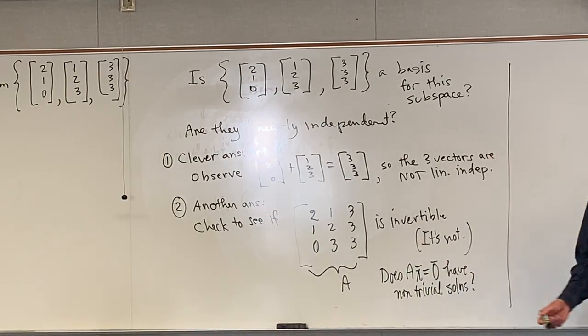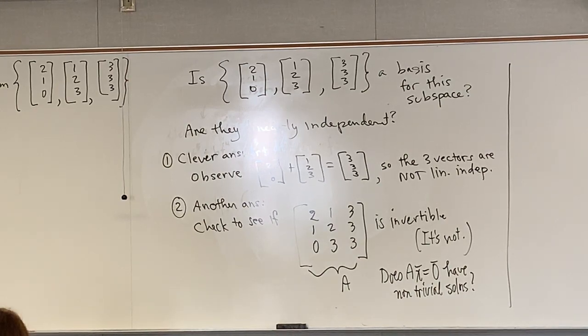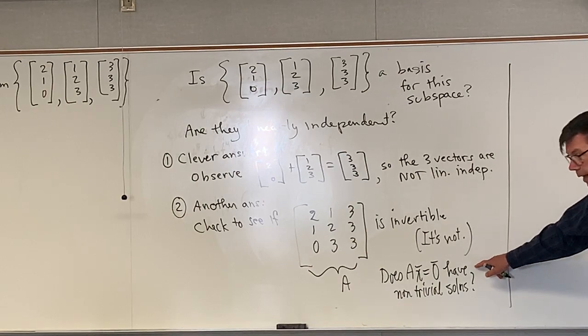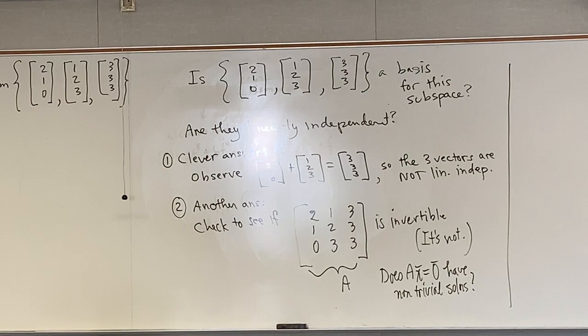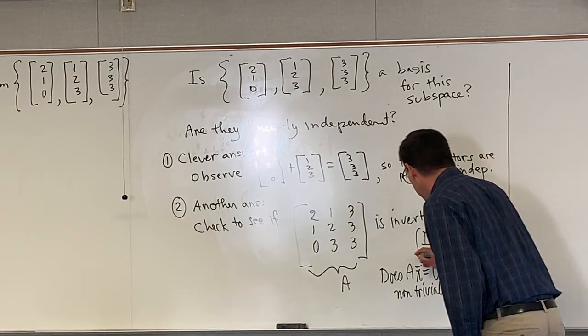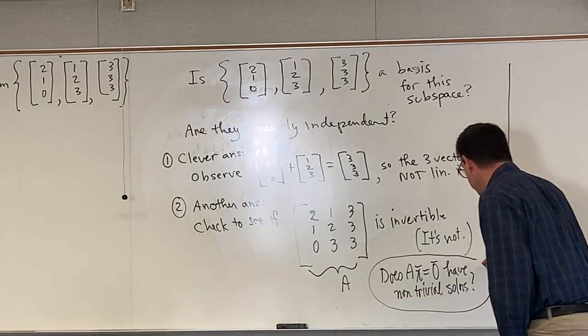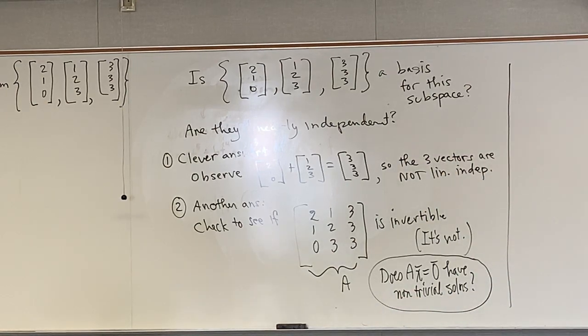We have all those equivalencies because it's a square matrix. So there are all those equivalencies to invertibility. Or does AX equal 0 have non-trivial solutions? This would actually work even if we had a non-square matrix situation. So maybe we want to highlight that method. That's maybe the most general thing to check here.